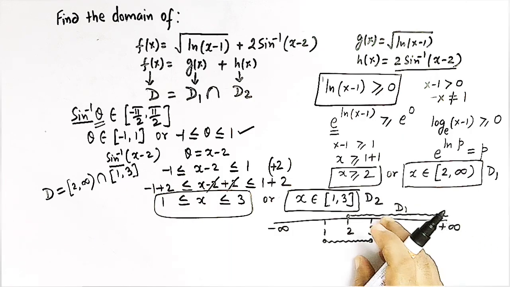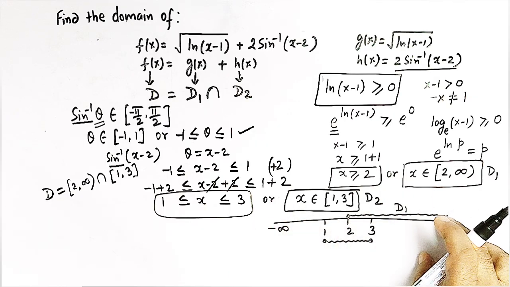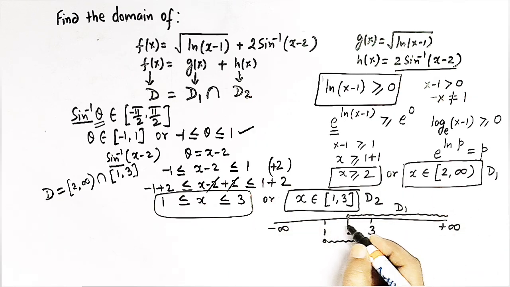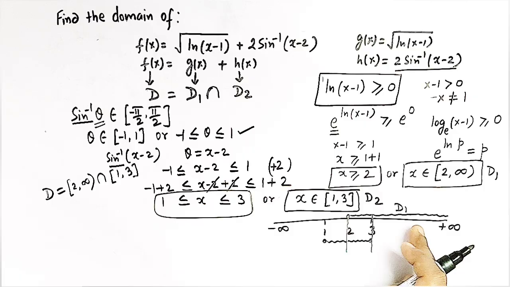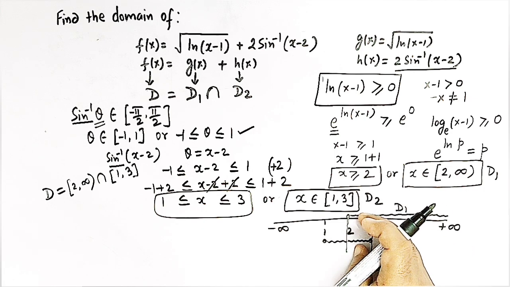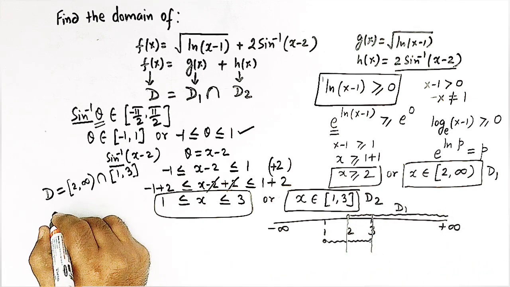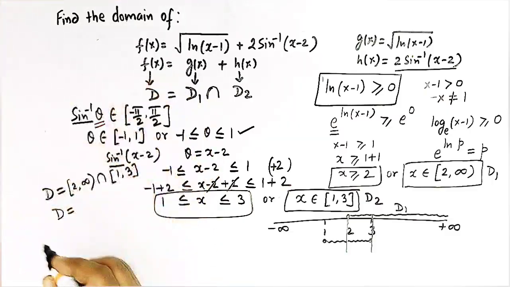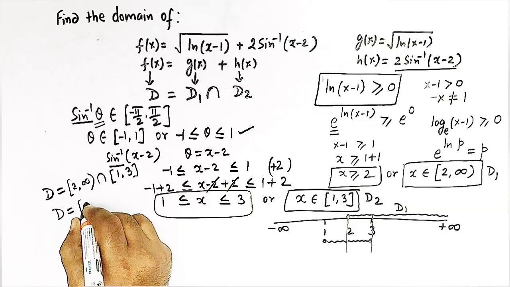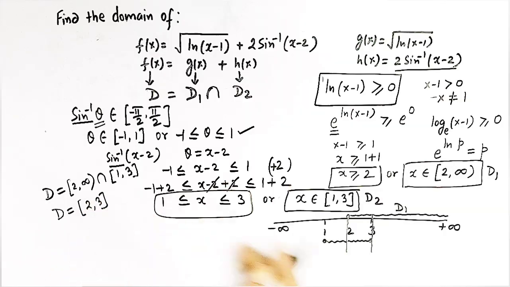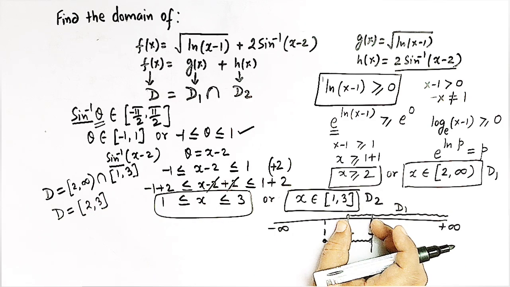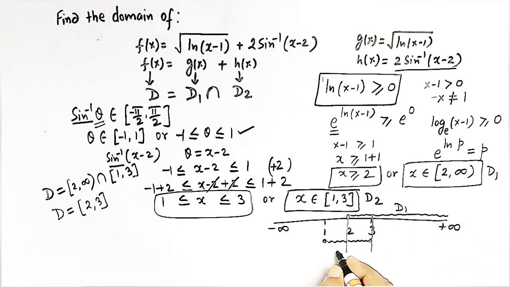So we can easily see from this representation that this region is common to both the domains, right? So this is the intersection of d1 and d2, and d, which is the domain of f of x, is given by this interval, that is 2 to 3, because this part is common to both the domains, that is d1 and d2, right?